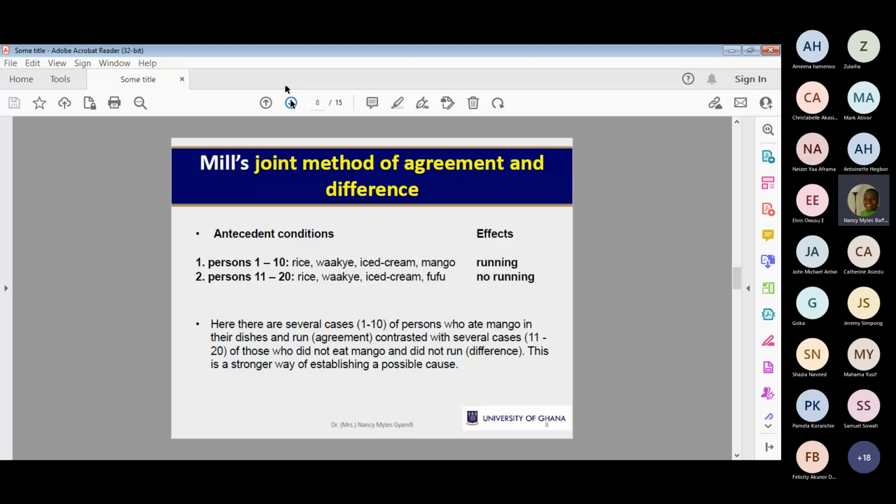Because wherever we found TZ, we found running, method of agreement, okay? Now you go further to contrast that with the method of difference and say, what about those who didn't take the TZ? Say, oh, Yaya and they didn't take TZ, they didn't run. That's method of difference. Now you could go further. That's where we are now. Slide number, method 3, and say, can I have more of them?